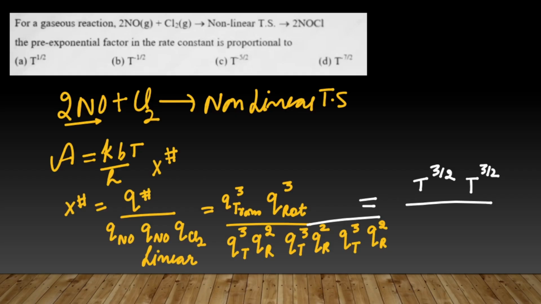So in the denominator also, T raised to the power of 3 by 2, T raised to the power of 2 by 2, T raised to the power of 3 by 2 into T raised to the power of 2 by 2, and again T raised to the power of 3 by 2 and T raised to the power of 2 by 2. Right? So from here, this will get cancelled, and this and this will get cancelled out. So this is the x value you will get.